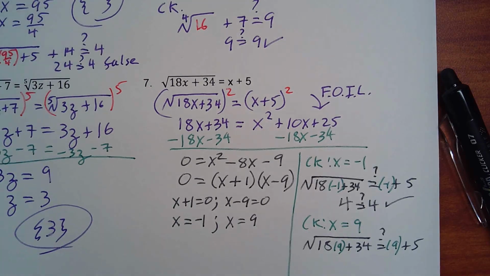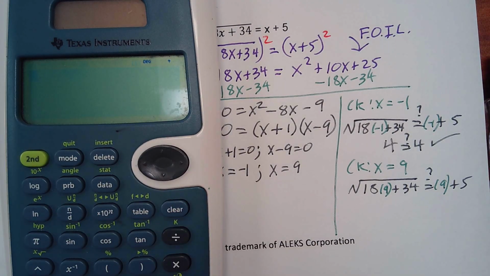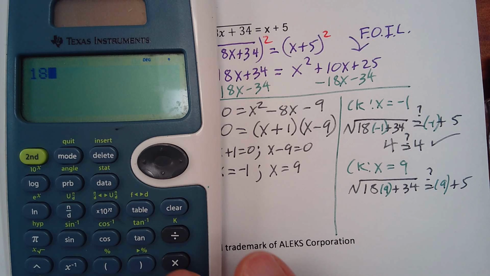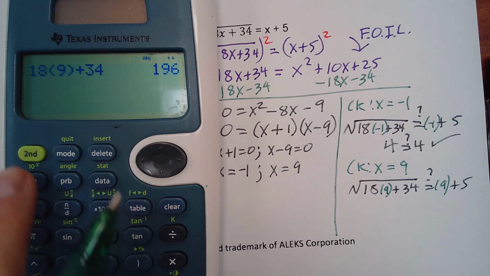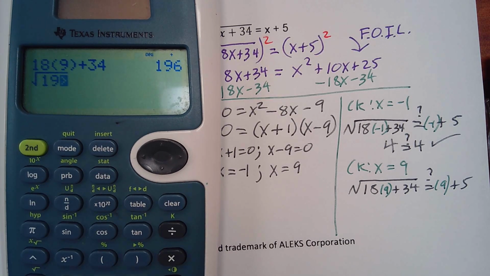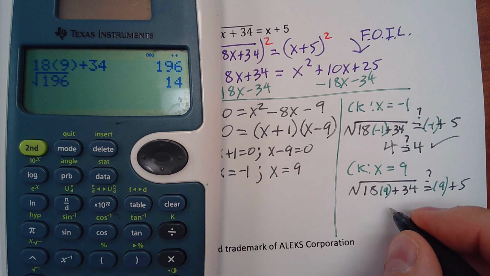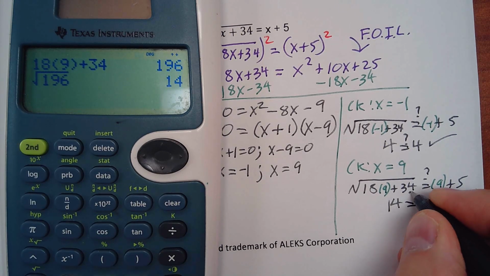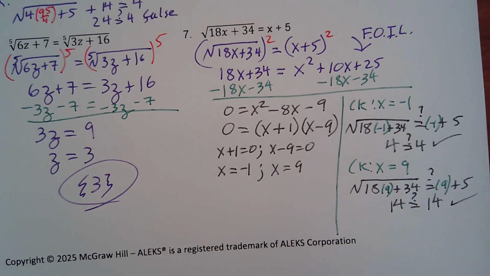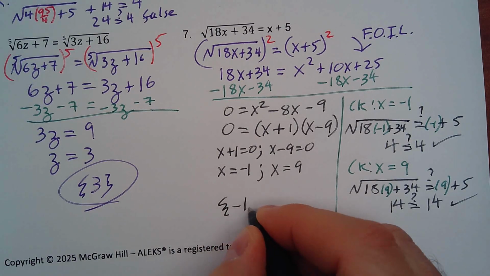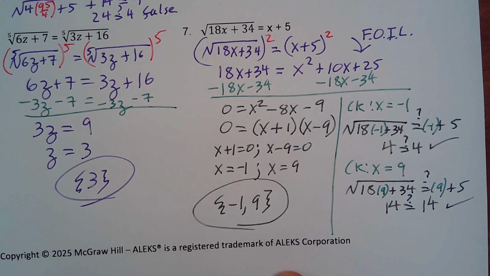The numbers are getting kind of big there, so let me whip out the calculator real quick. 18 times 9 plus 34 is 196. Square root of 196, 14. So we get 14 on this side and 14 on the other side. So that also checks. So here both of them check, so we'll keep both of those as our answers.